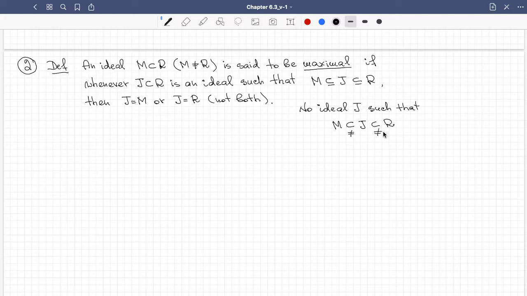Such an ideal does not exist. We cannot find an ideal which strictly contains M and at the same time is not R itself. It is maximal, meaning no ideal except the trivial one contains M.